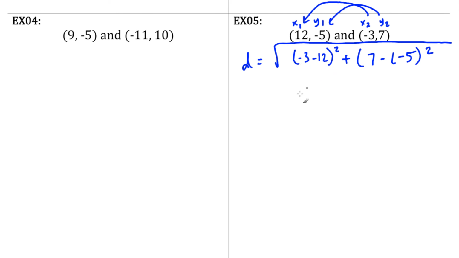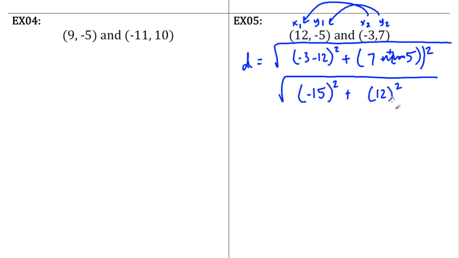So negative 3 minus 12 is negative 15. Oh, I forgot this parenthesis here. Better. 7 minus negative 5 is 7 plus 5, which is 12 squared.